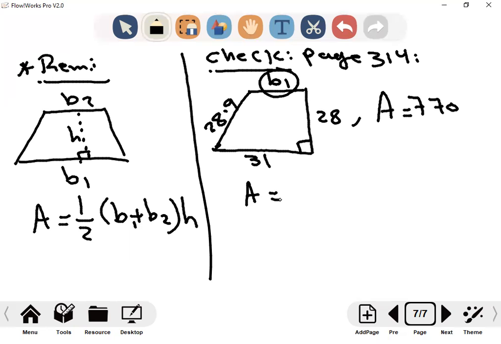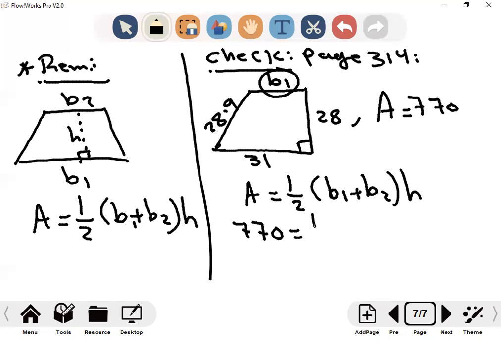A is half, B1 plus B2, all multiplied by height. A is given as how much? 770. Replace it. 770 equals half, B1 plus B2, which is 31, all multiplied by H, which is 28.